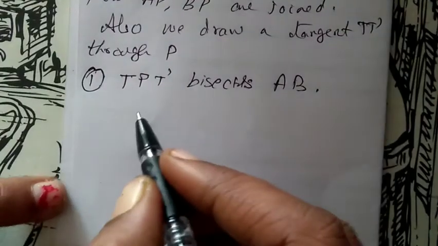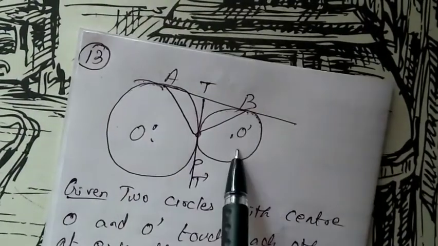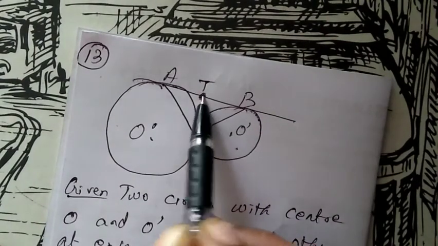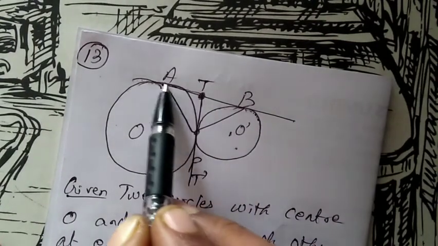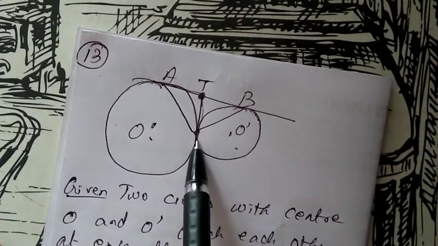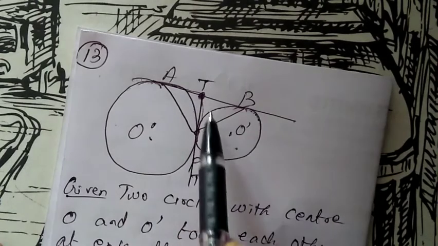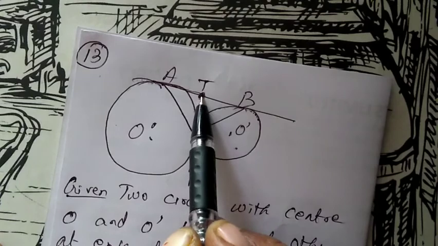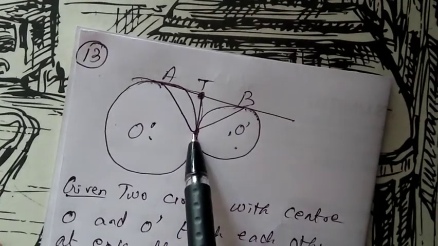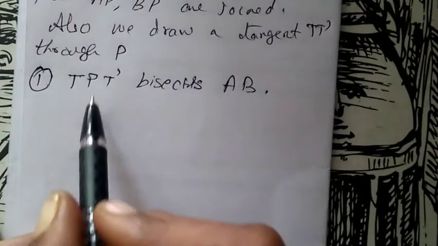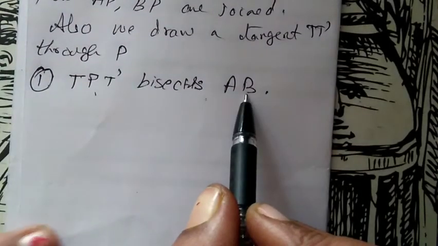So, for this two circle, this is the external point T. So, we can say TA is equal to TP. Similarly, from the external point T, TB is equal to TP. So, we write now TP T dash bisects AB.